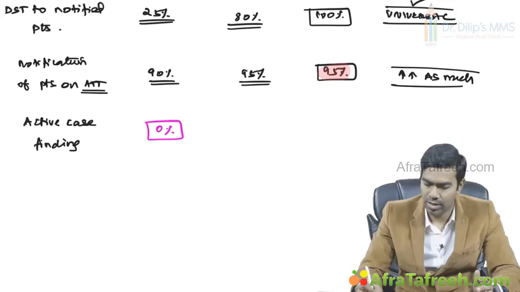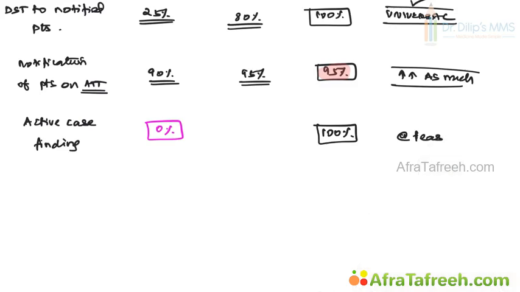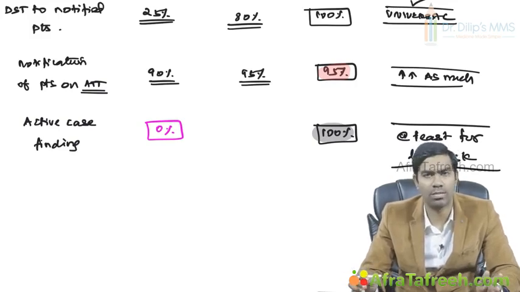So that is why by 2025, active case finding should reach 100%, at least for high-risk people. At least for the high-risk population, active case finding is a must, mandatory, and the government is targeting to achieve this 100% active case finding rate. This is a huge paradigm shift. Like, I don't know how to explain.